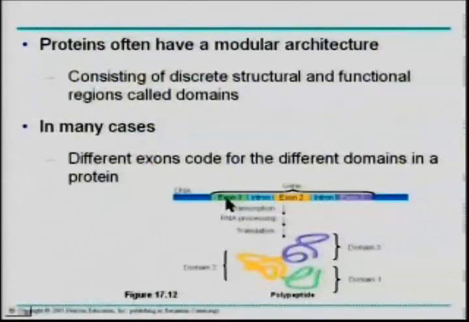So the gene would have, as shown in the DNA here, exon 1, intron 1, exon 2, intron 2, exon 3. Remember, you get the 5' and 3' untranslated region in both of these, the UTRs. Then there would be transcription, RNA processing, translation, and you get the protein, or the polypeptide, with the 3 domains.